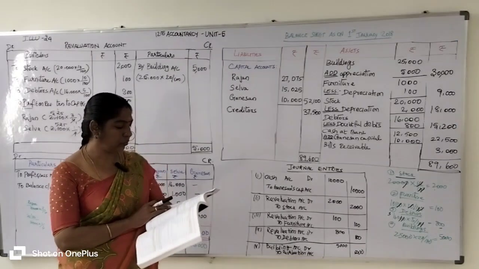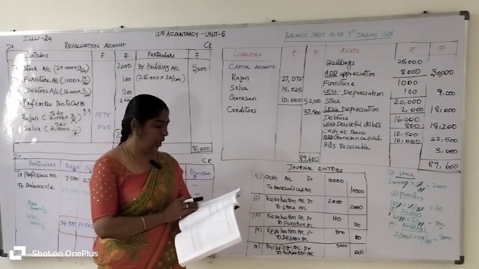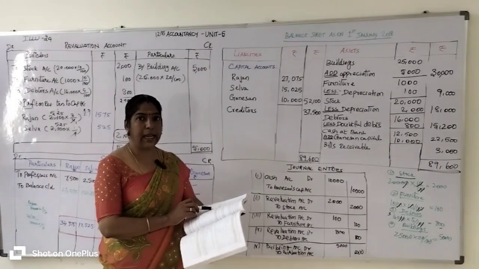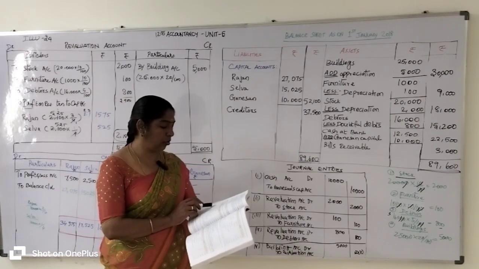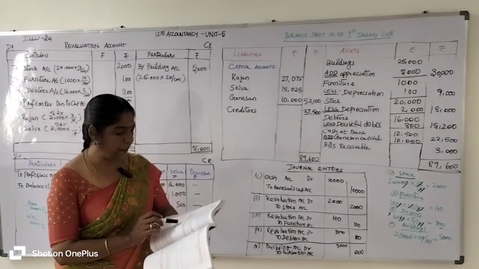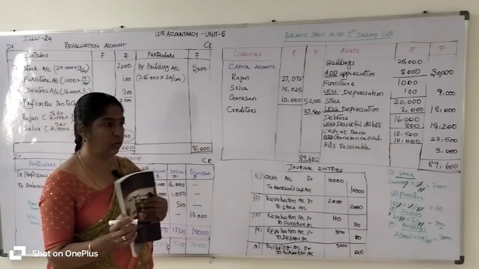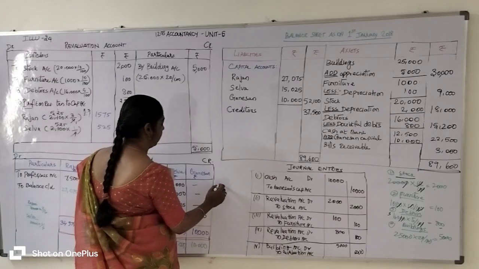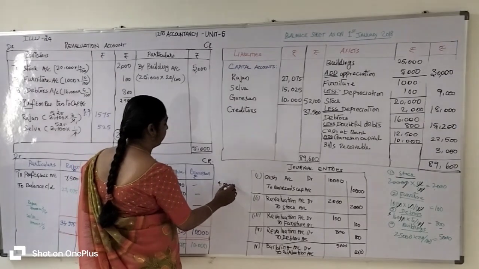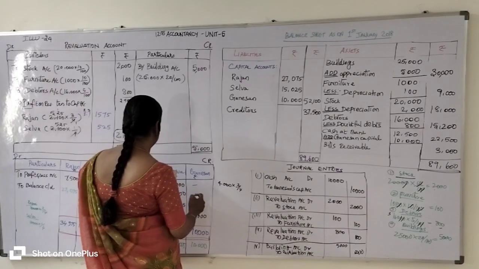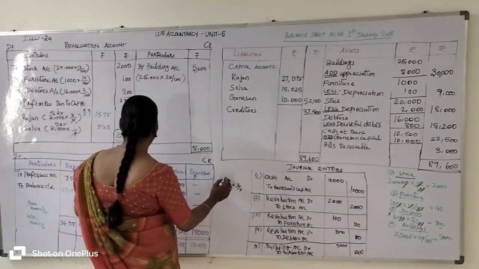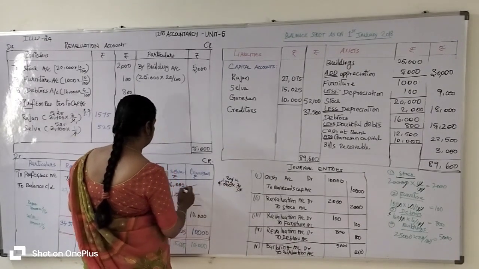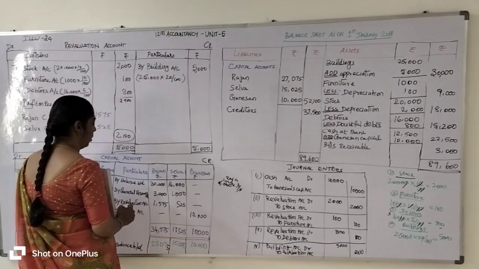Then what other items will appear in the capital account? Let's see the question. In the balance sheet, on the liability side, general reserve is a capital item, so it goes to the capital account. The general reserve of 4,000 rupees we are going to distribute to the old partners' capital accounts in their old profit sharing ratio. 4,000 into 3 by 4 for Rajan: 1 4 is 4, 1,000 into 3 equals 3,000 goes to Rajan.